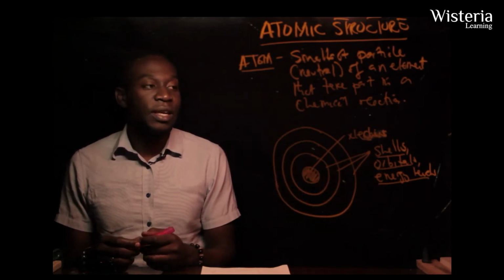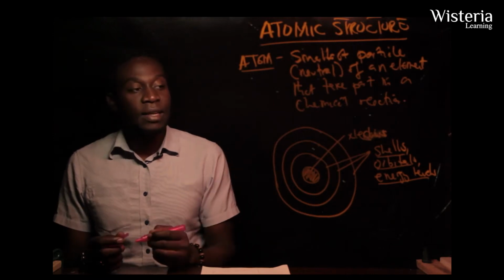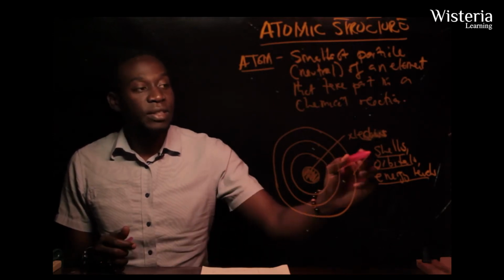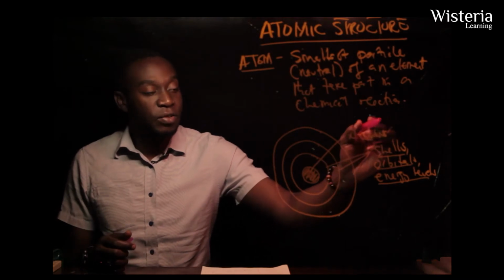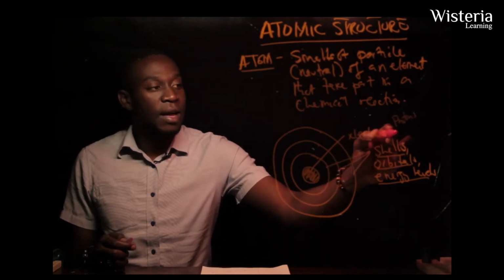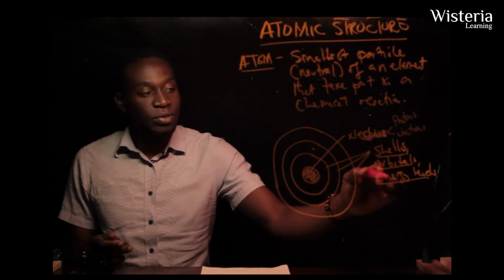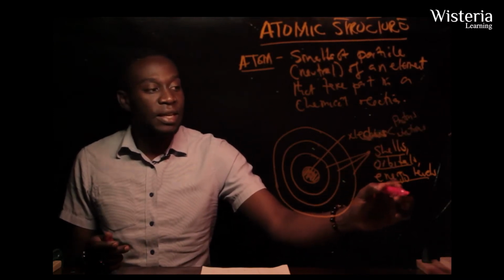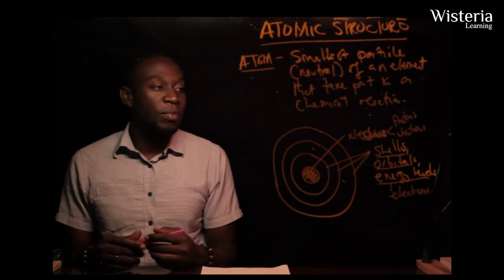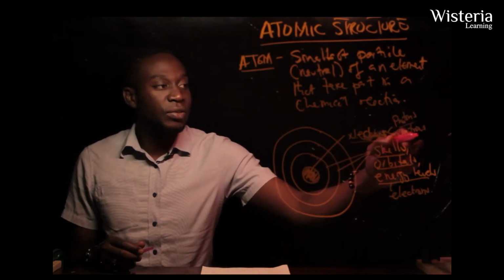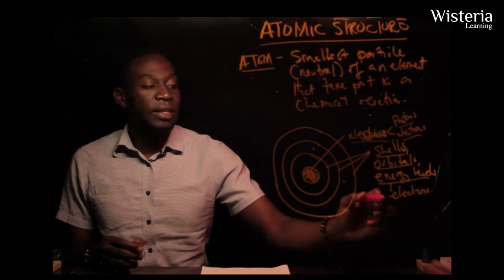So the protons and neutrons are found in the nucleus, and the electrons are found in the shells. An atom contains the nucleus, which contains protons and the neutrons. The shells contain electrons.